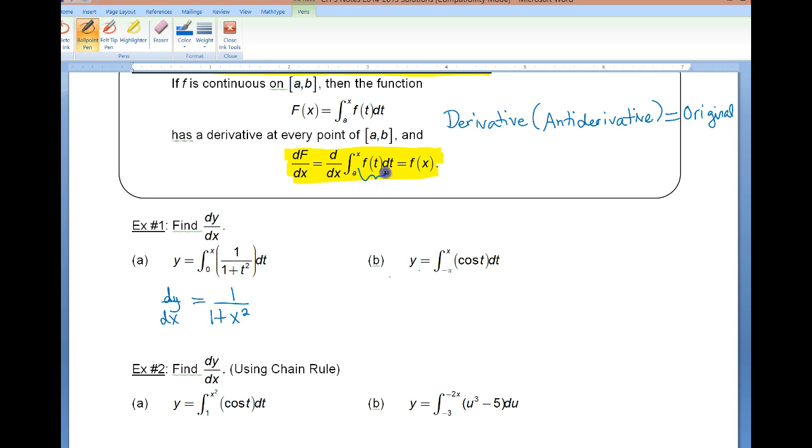You see right here, it says f of t. It's kind of like just replacing the upper bound with that variable. So your integrand is going to be defined as some other variable, in this case, t. So when we do the derivative with respect to x, we're going to replace that x with the t.